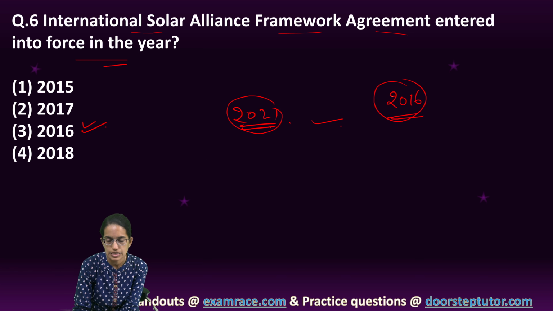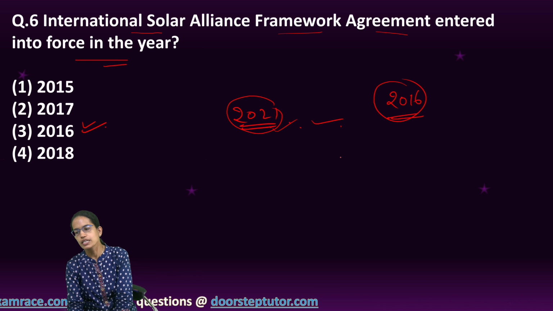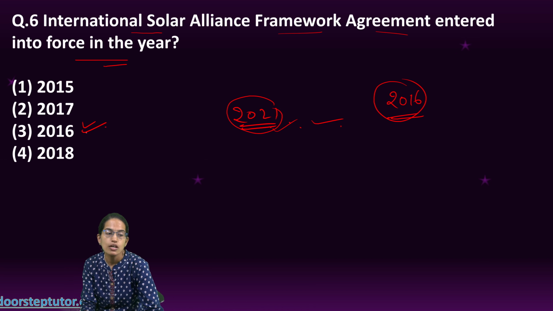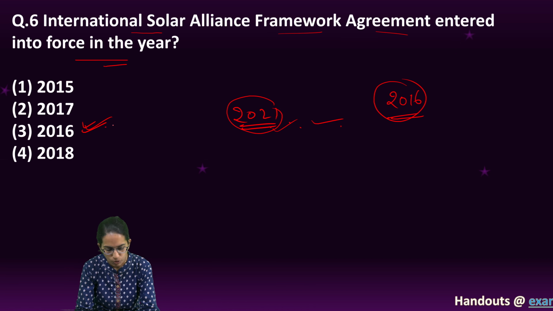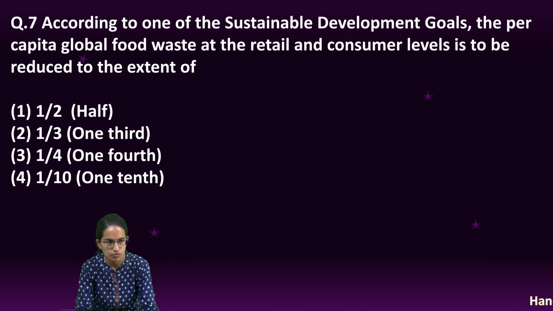So in 2016 it started at Marrakesh, Morocco, and in 2021 it came into actual force. This question actually asks about when it opened for membership. It opened for signature in 2016, since 2021 is not one of the choices.